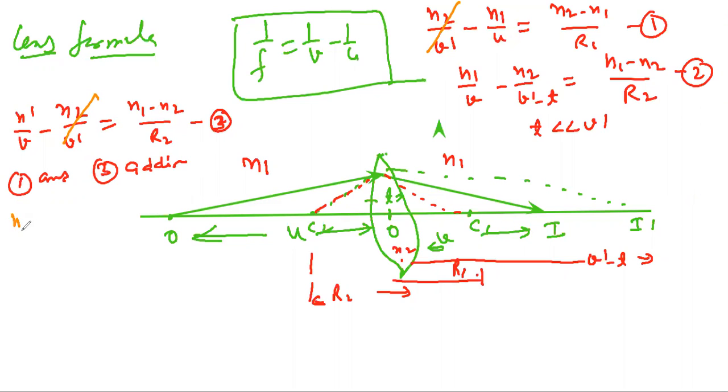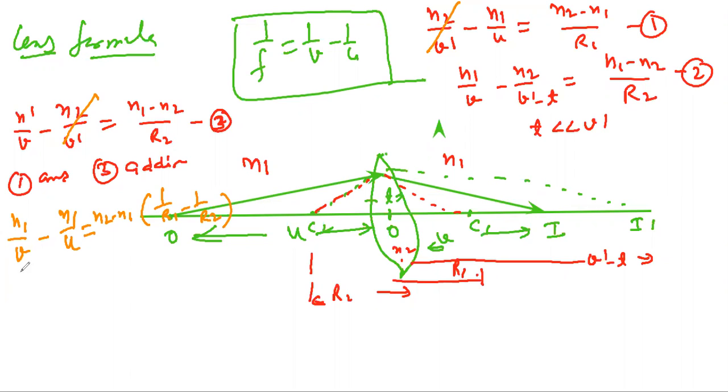What you will get: N1 upon V minus N1 upon U is equal to N2 minus N1, which is common, times 1 upon R1 minus 1 by R2. Are you following it? Yes, sir.